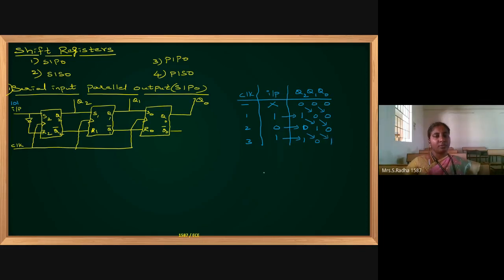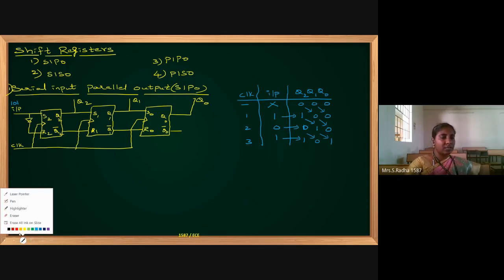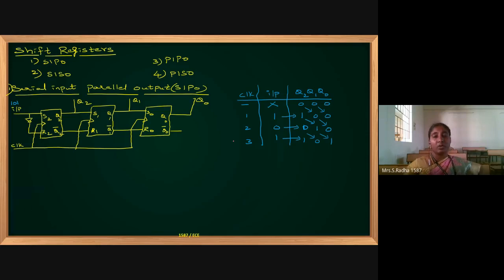What I am trying to tell you is that every stage takes one clock pulse. After first clock pulse, this is the output. Output is 100, the output of the 3 flip-flops. There are 3 flip-flops in the diagram.